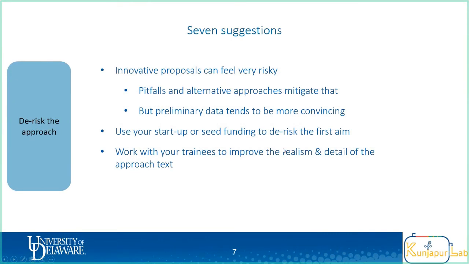So with riskier proposals and this idea of innovation, you have to balance putting forth an idea that you want to seem very fresh and new, and the obvious critique that a reviewer could have that, well, how do I know that this is going to work, or what if it doesn't? So in my limited experience, I have had some success and some fun in rare cases thinking about, okay, what might be considered a clever pitfall alternative approach strategy.